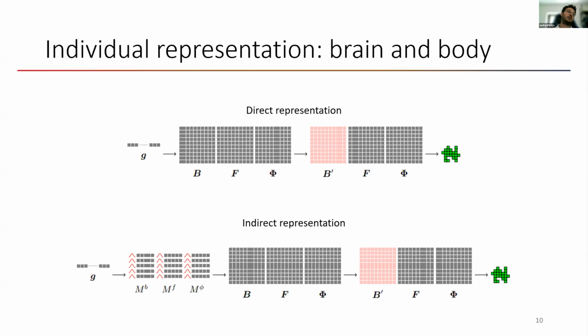It follows in the same way in the indirect representation, where there is another Gaussian that generates the values for the body. Here there is another step that moves from B to B1, where we take the biggest contiguous area of voxels to avoid robots composed of two voxel groups that are not linked together.